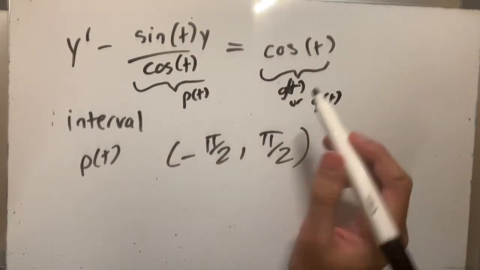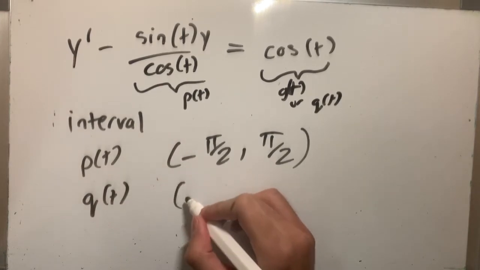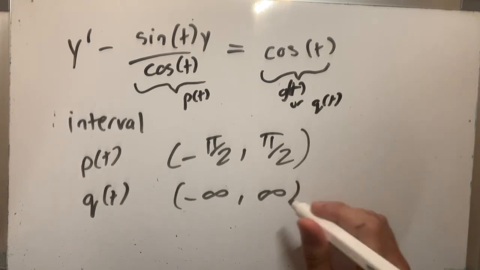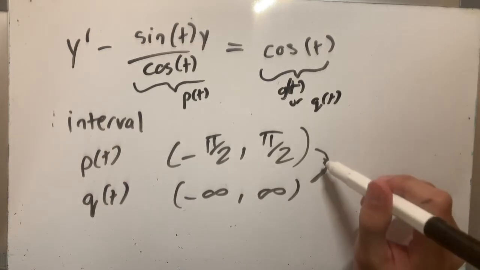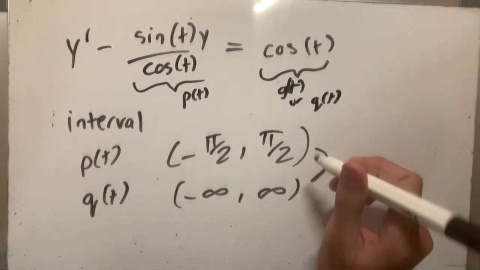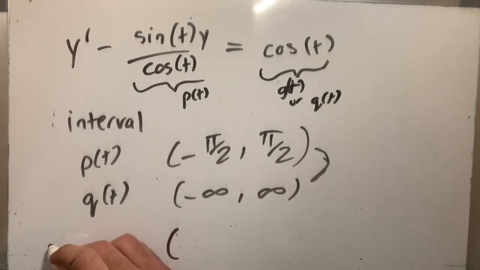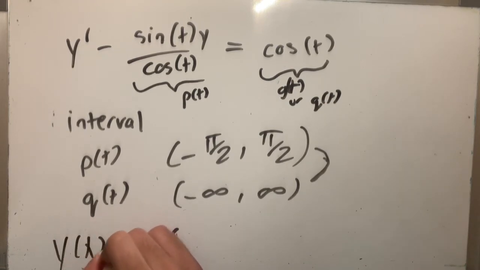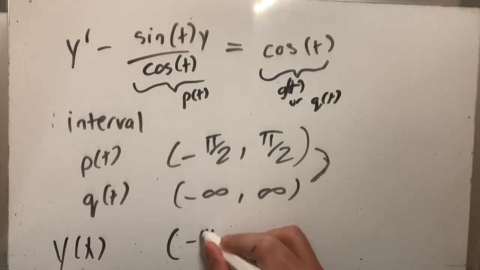And then we have cos of t on this side, which is q of t, which is always continuous. So that's on negative infinity and infinity. So we clearly know where the entire function as a whole will be continuous. So we know that the differential equation is continuous on negative pi over 2.